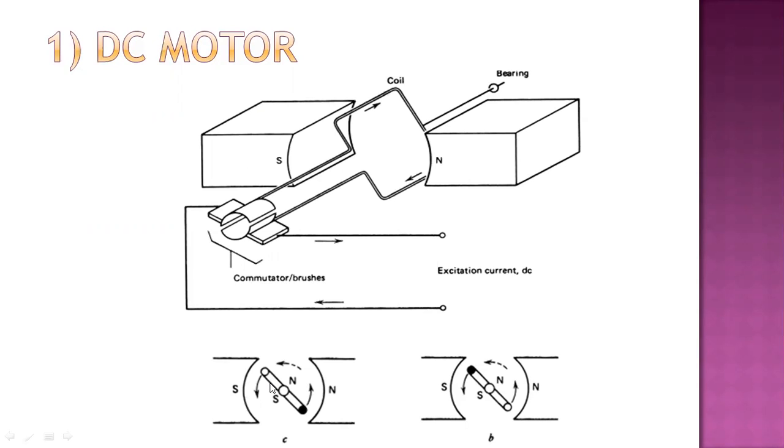If it were not for the split slip rings, the armature would rotate until N and N, and of course S and S, are aligned. But the split rings are arranged so that the current direction, and therefore the NS direction of the armature, reverses as the alignment occurs.